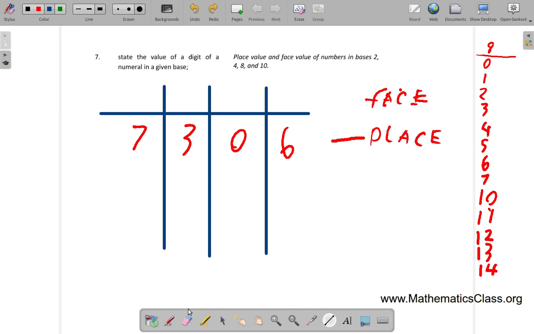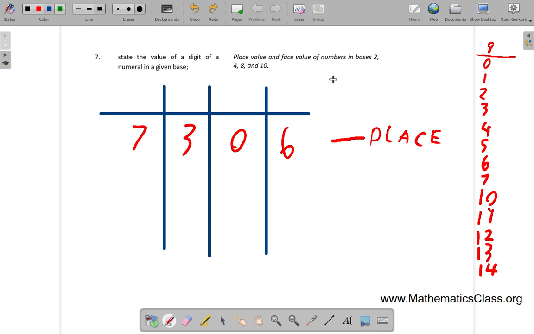Now, if you are dealing with base 10, it's just place we're dealing with. If we're dealing with base 10, this would be how many ones, how many tens, how many hundreds, which is 10 squared, how many thousands, which is 10 cubed. But we're not dealing with base 10. We're dealing with base 8.